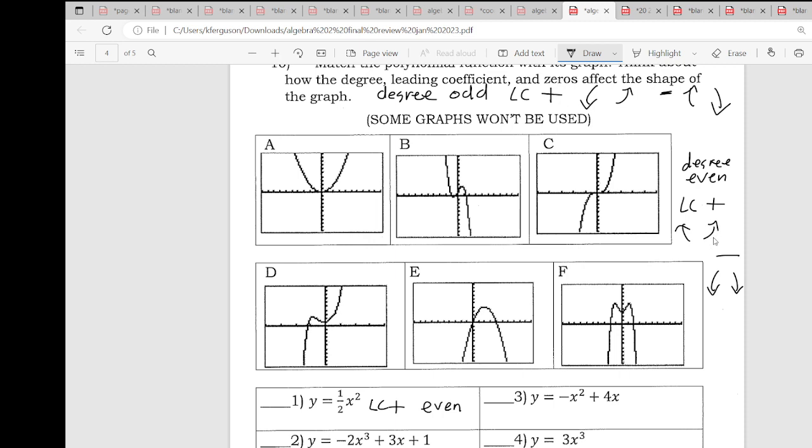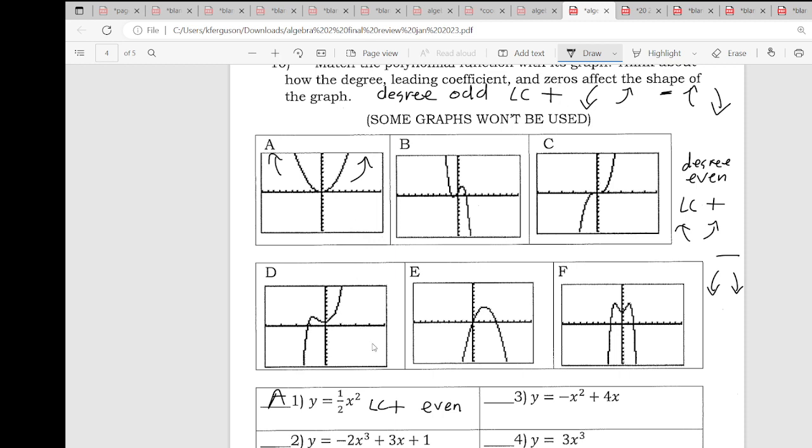And then when x is positive infinity, y is positive infinity. Well, there's only one graph that looks like that, A. See? It looks like this. Is everybody following what I'm talking about? Okay. So then that's A.